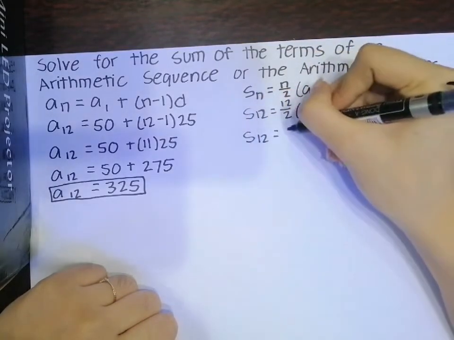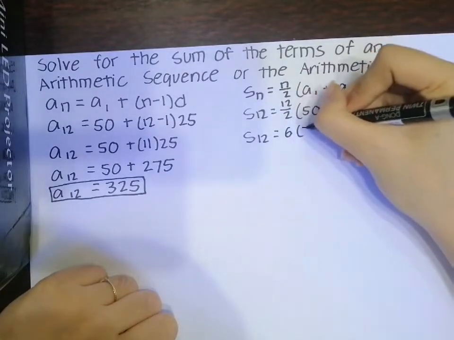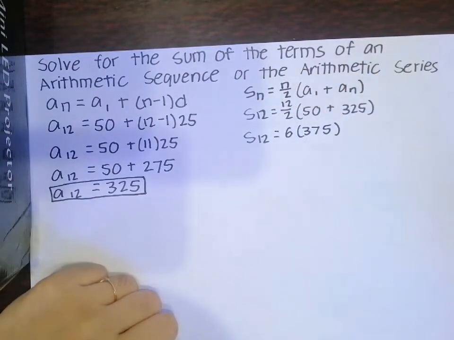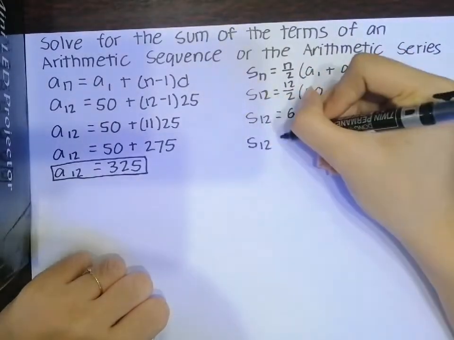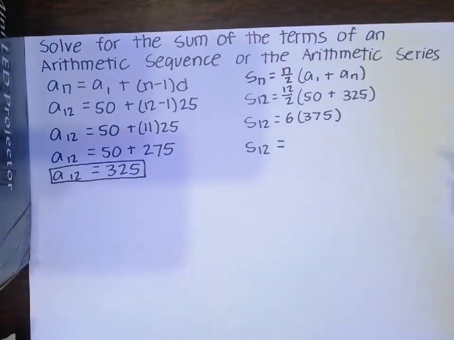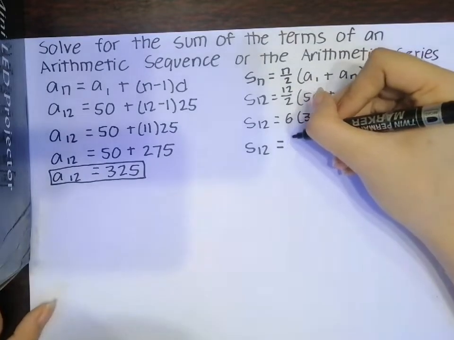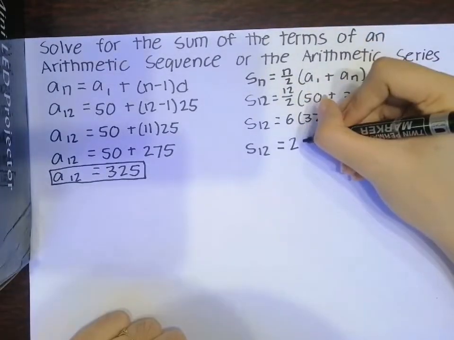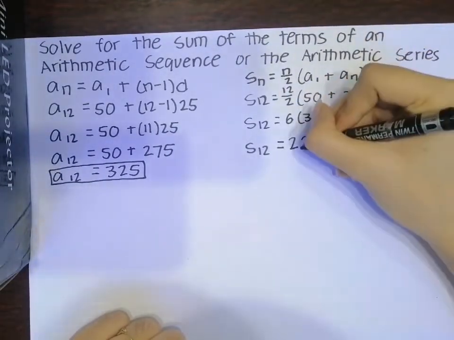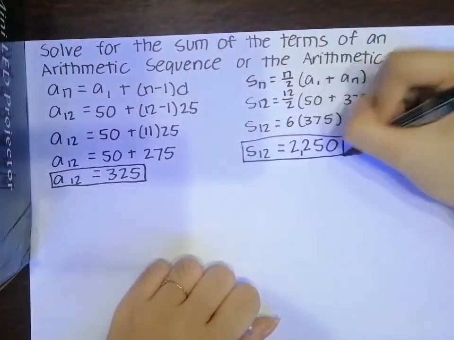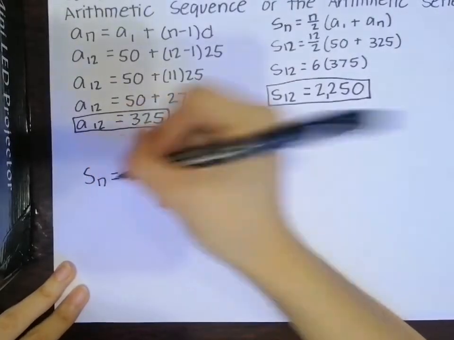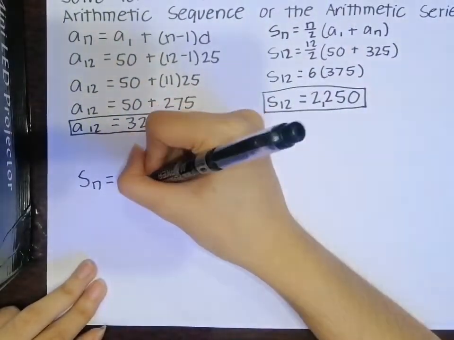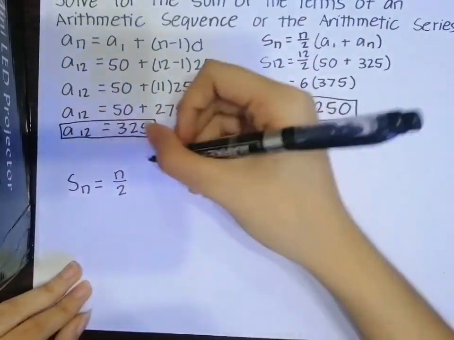Let's add 325 and 50, which will give us 375. Then divide 12 by 2, that is equal to 6. Now multiply 6 with 375, and that will give us 2,250.